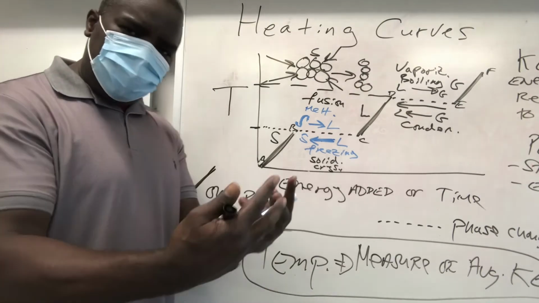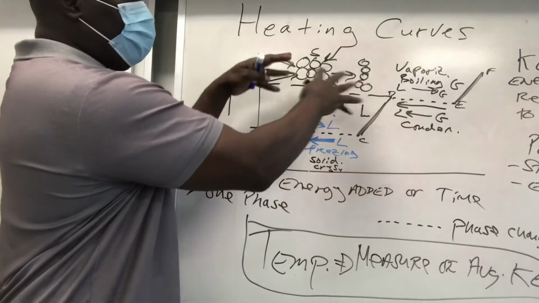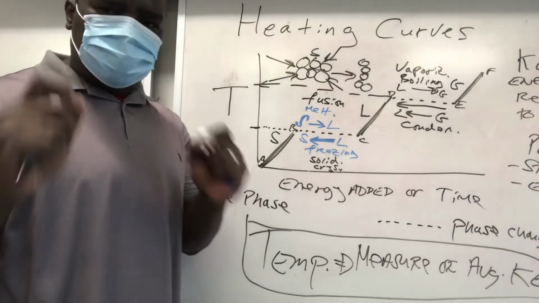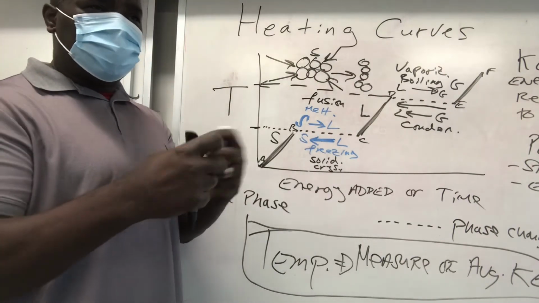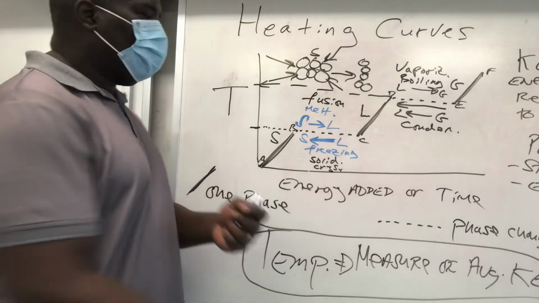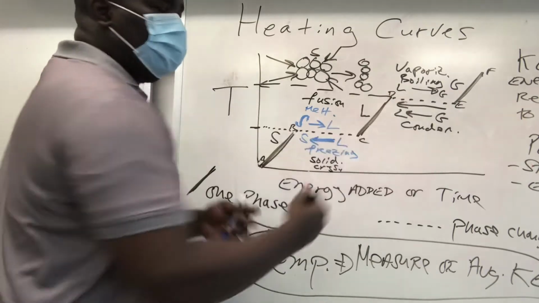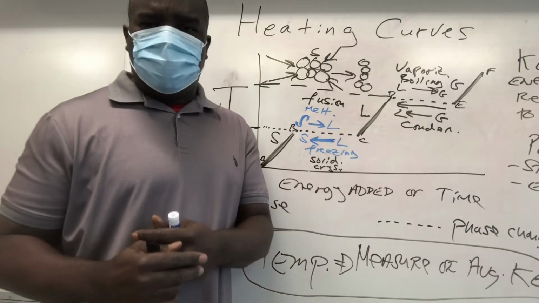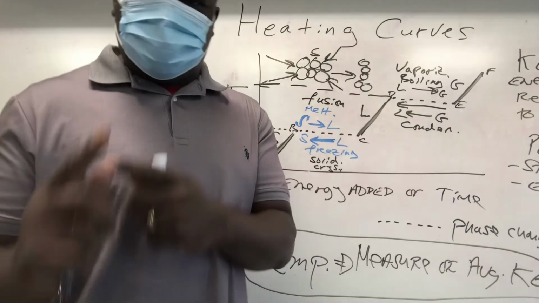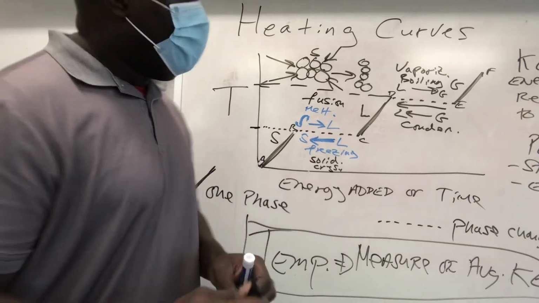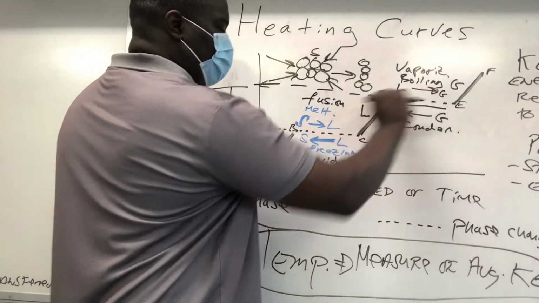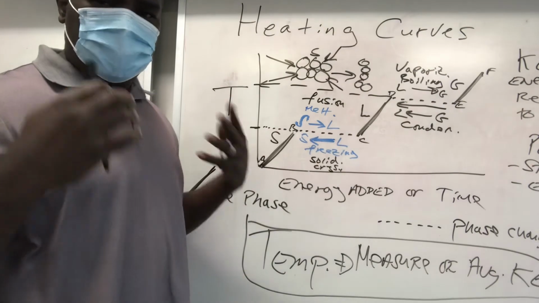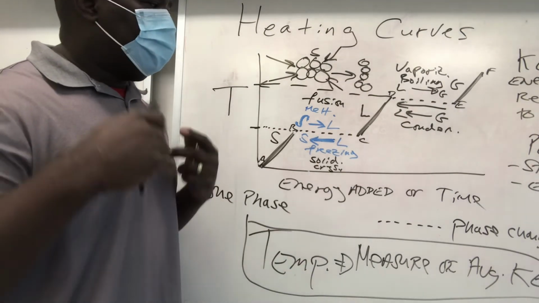Potential energy is increasing in order to separate the particles. So when you see, guys, make a note of this, when you see at a phase change, whether it's melting or boiling, particle separation, that's a good indication for you that the potential energy is increasing. And it's clear to us that the kinetic energy is constant or staying the same.